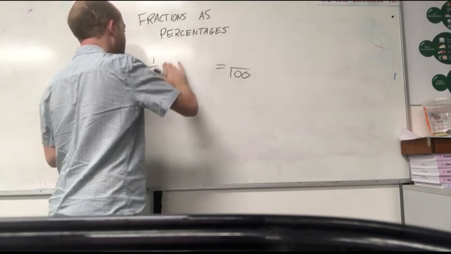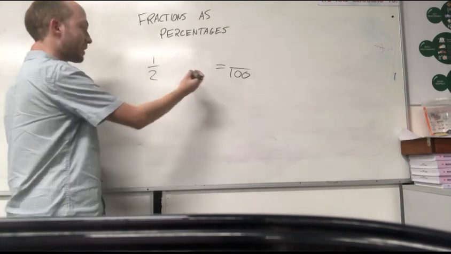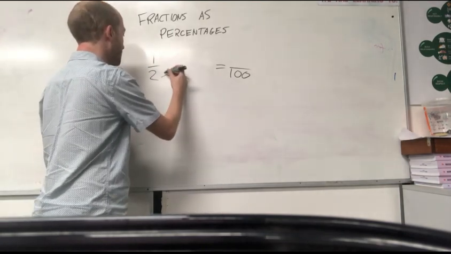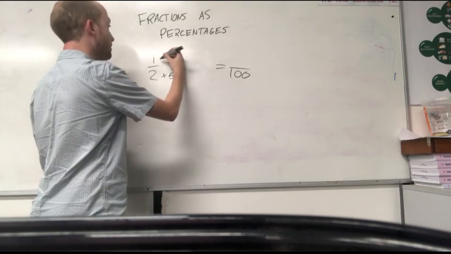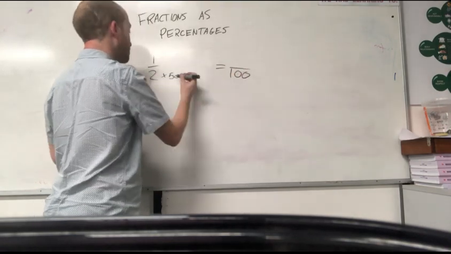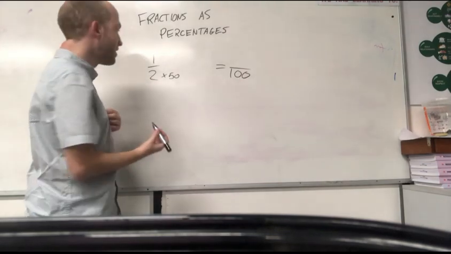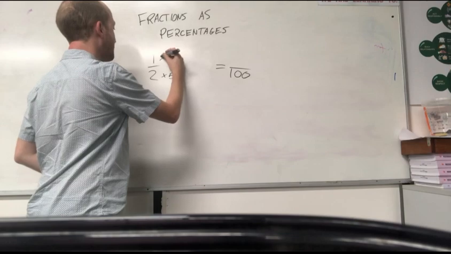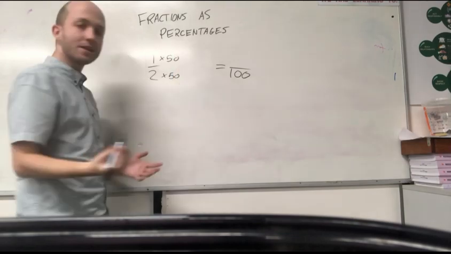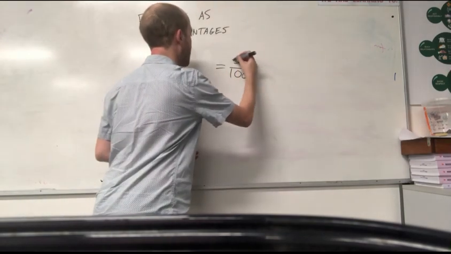I can take my 1/2, and to get to 100, I've multiplied the bottom by 50. So 2 times 50 equals 100. And here I've got 1 times 50, which hopefully we can guess equals 50 over 100.